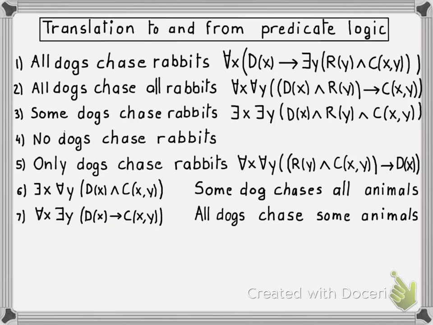Now, what would happen if we kept the same switched quantifiers, but we used the conjunction here instead of a conditional? We'd get the following sentence. And let's try to translate this sentence into English, and I'll convince you that this sentence is completely different from this one, and probably not what you meant here.